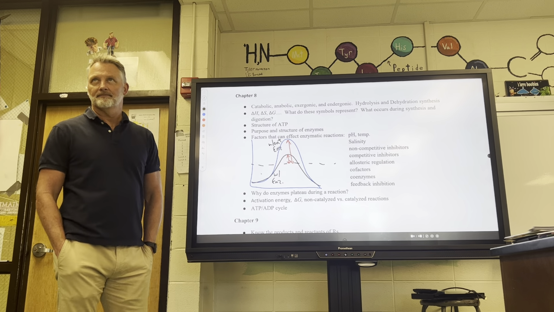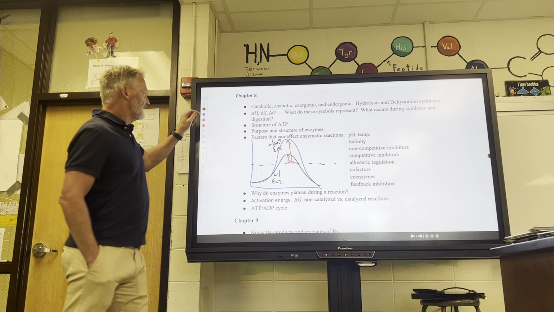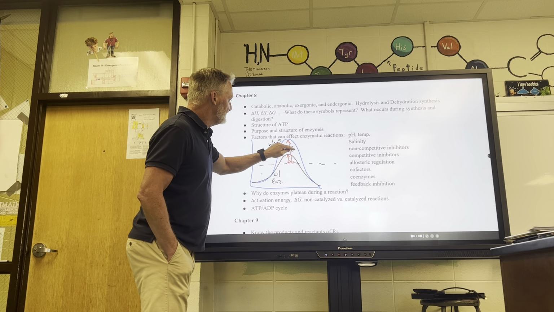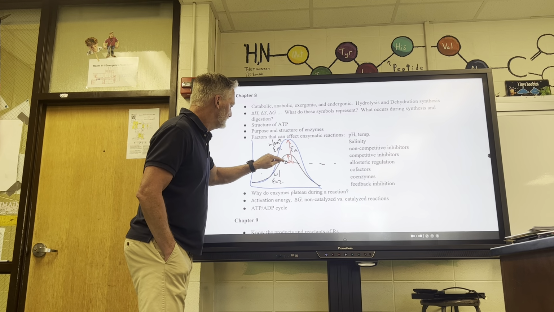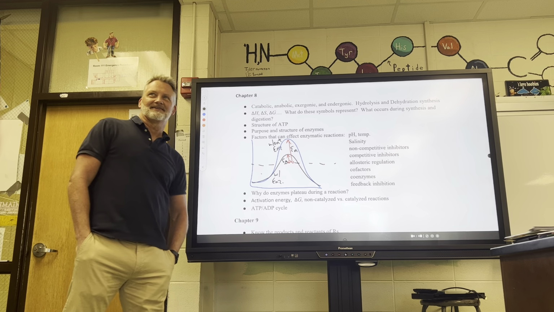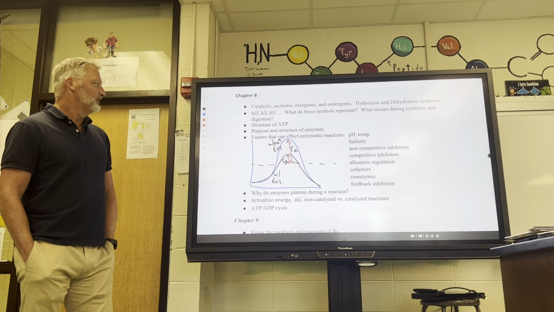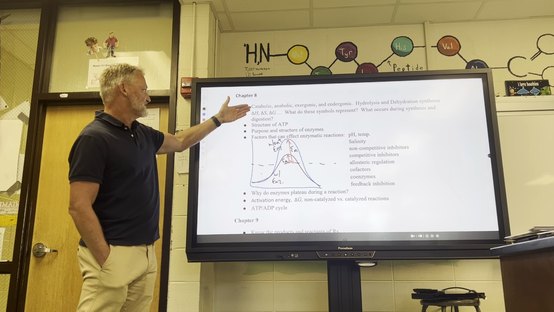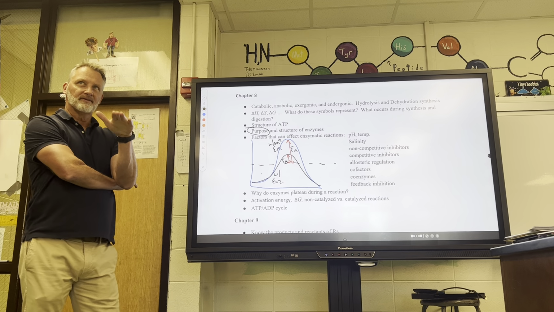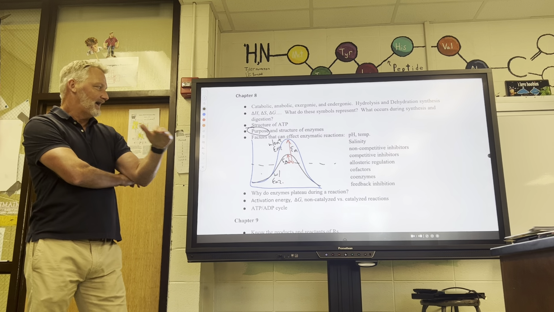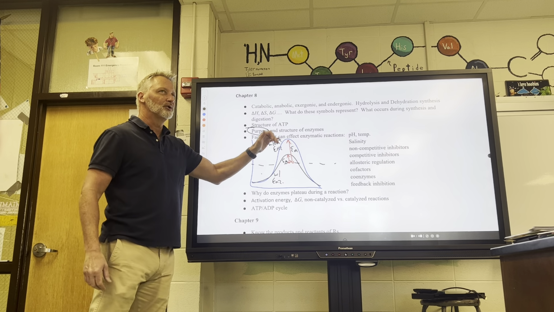So these red lines represent the E of A. What's E of A stand for? EA Sports? Activation energy. So let's go back to the definition of an enzyme. Enzymes lower the activation energy, doing what to the reaction?